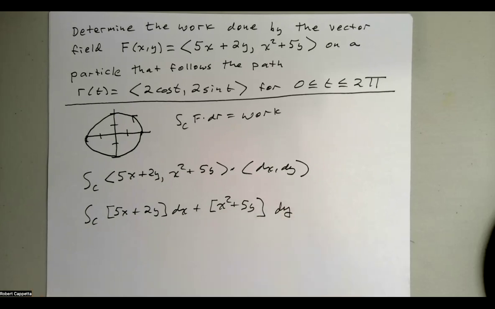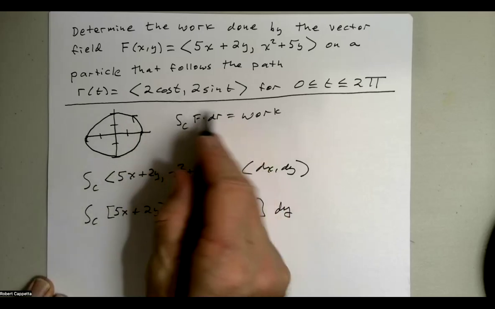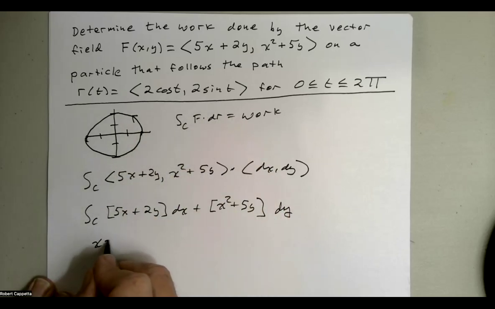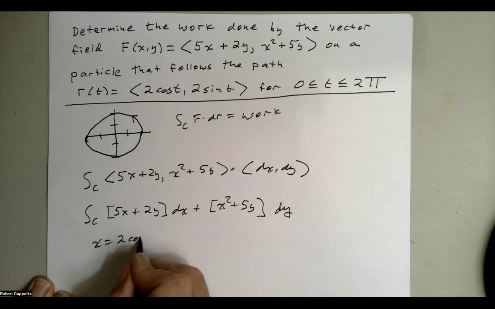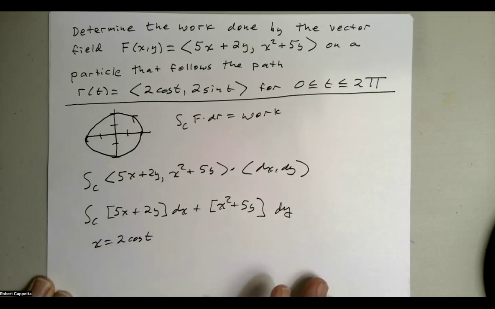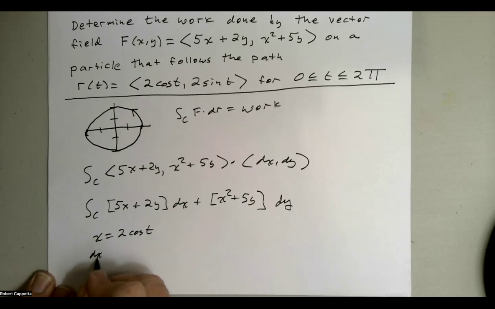So what I would like to do first is just go ahead and do it with parameterization. So what do we know here? We know x is 2 cos t, so dx/dt is negative 2 sin t.